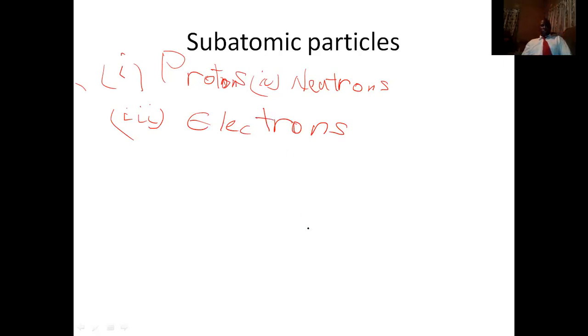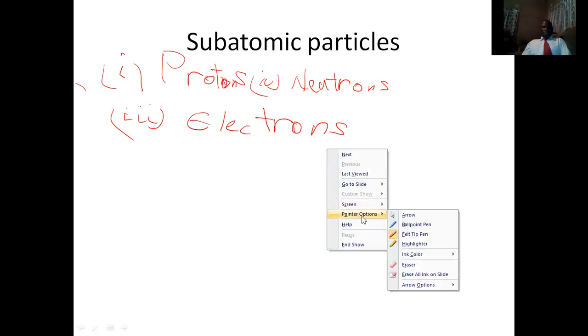So an atom is made out of these three subparticles.